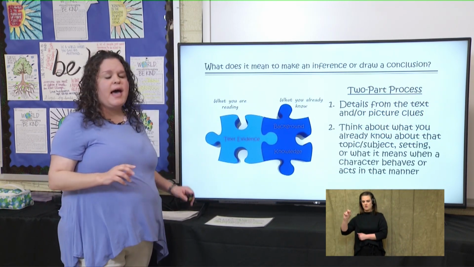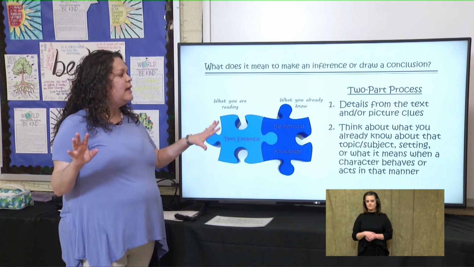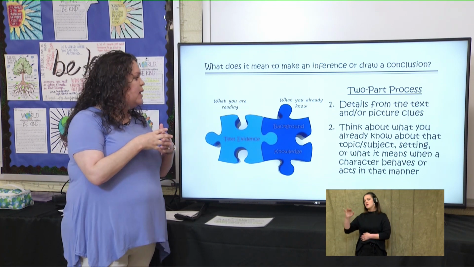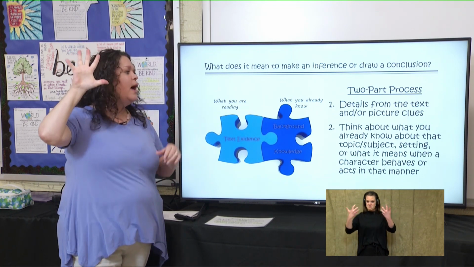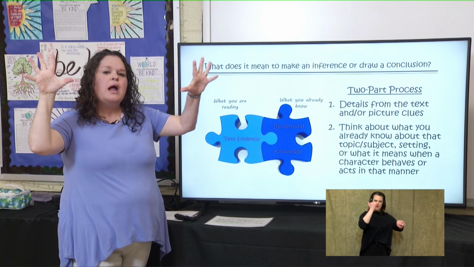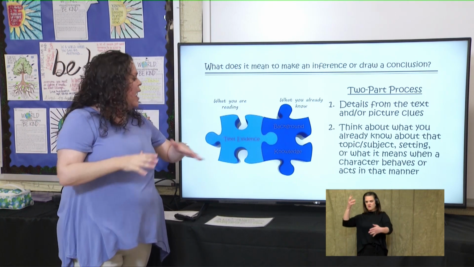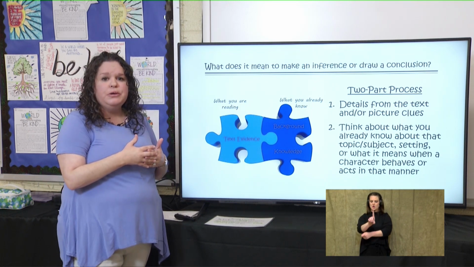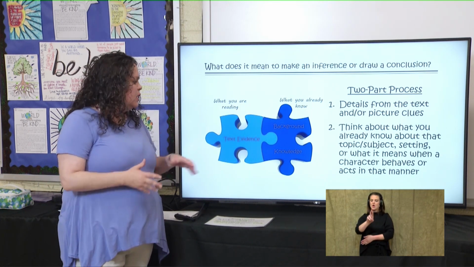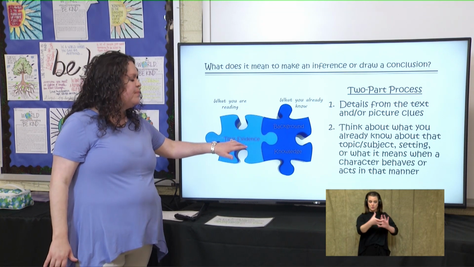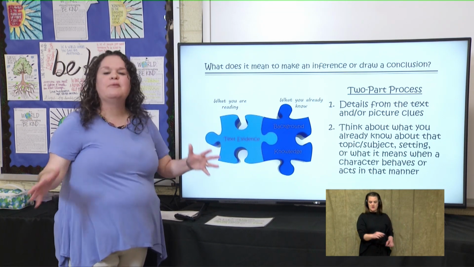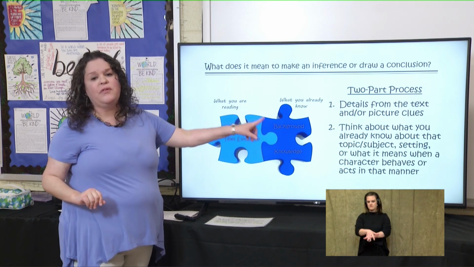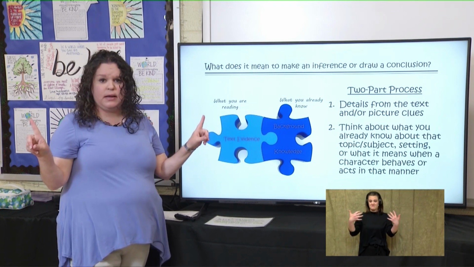From last Thursday, I was telling you that an inference and a conclusion is like a puzzle piece. You take what you're reading and what you already know and you put it together. And that's exactly what's going on when you draw a conclusion and make an inference. You take the text evidence and your background knowledge and put it together. Again, one without the other one does not work.